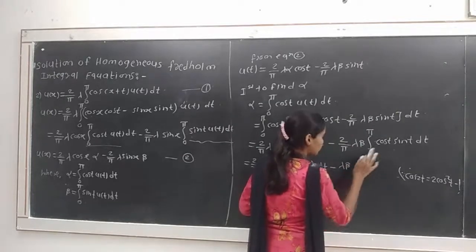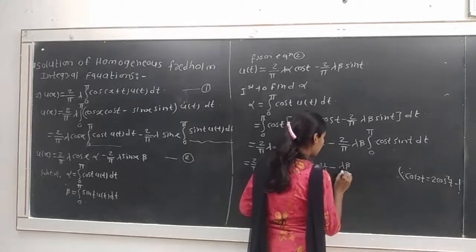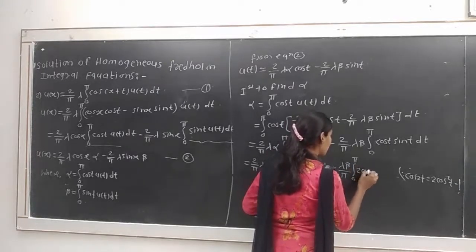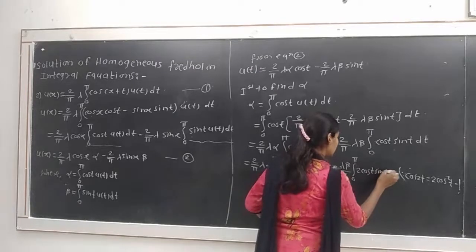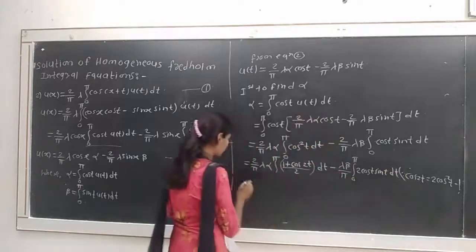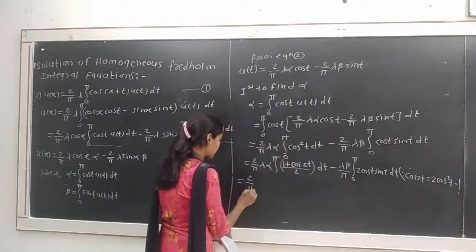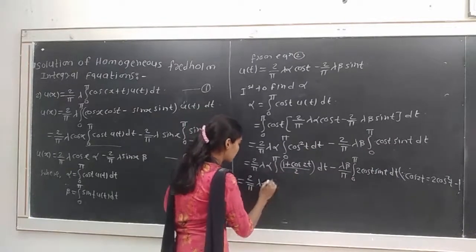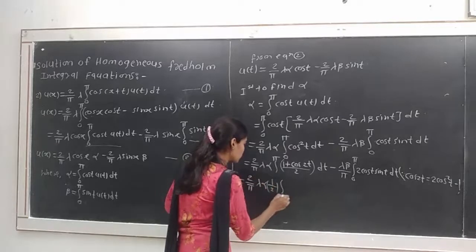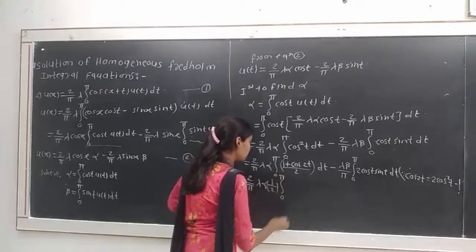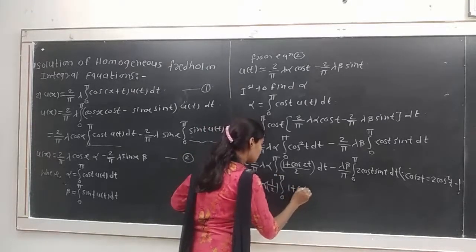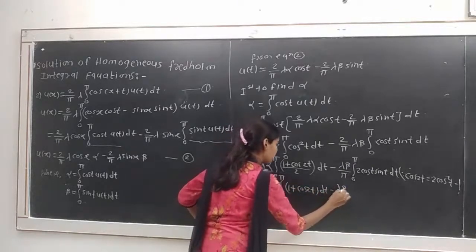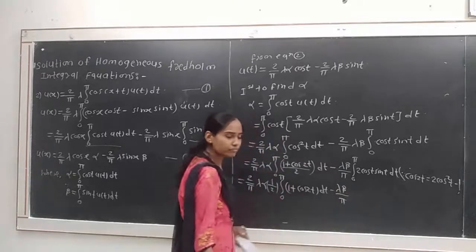So lambda beta divided by pi, integration from 0 to pi, 2 cos t sin t dt. Then we have 2 by pi lambda alpha, and by taking this 1 by 2 outside, which gets cancelled with the 2, we get 0 to pi integration 1 plus cos 2t dt. Minus lambda beta divided by pi.